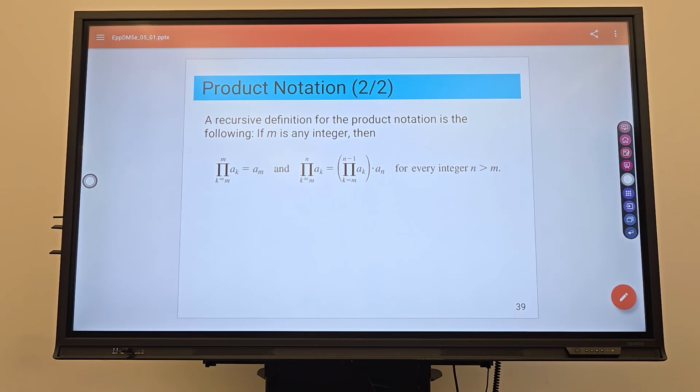And the product of a sub k for k equals m to n is equal to the product of a sub k from m to n minus 1 times a sub n, for every integer n greater than m.